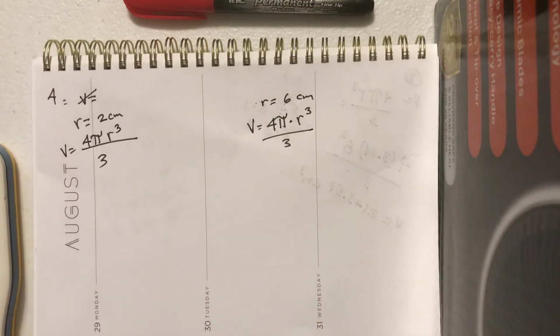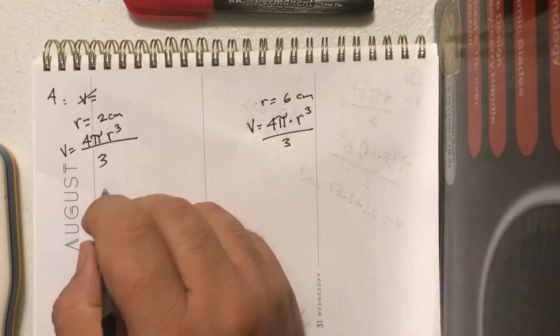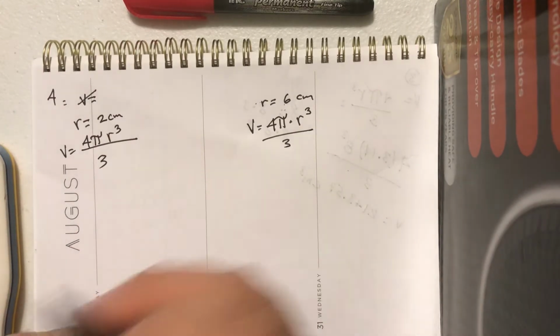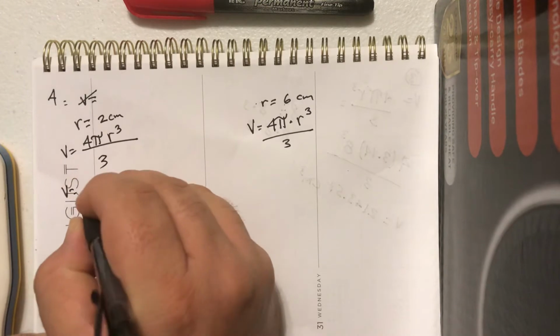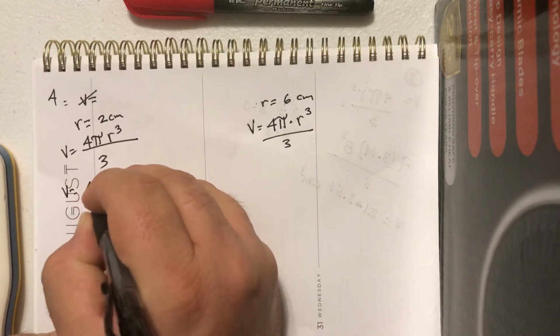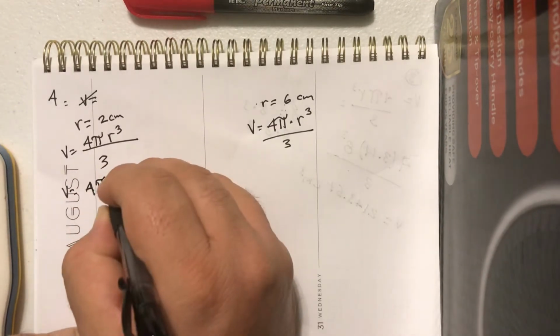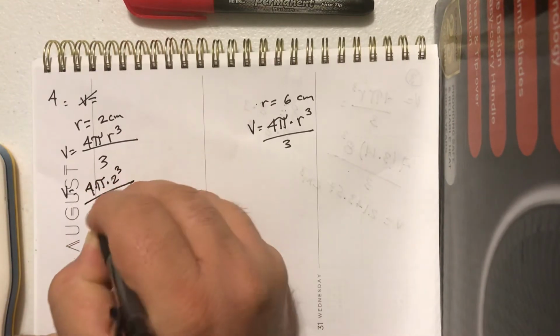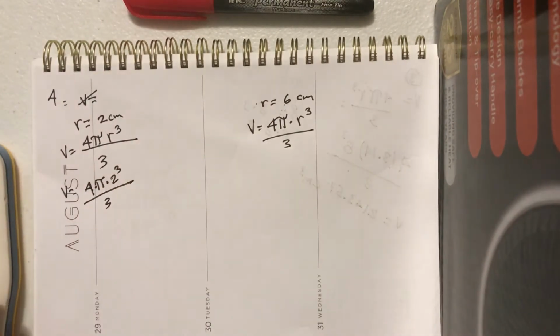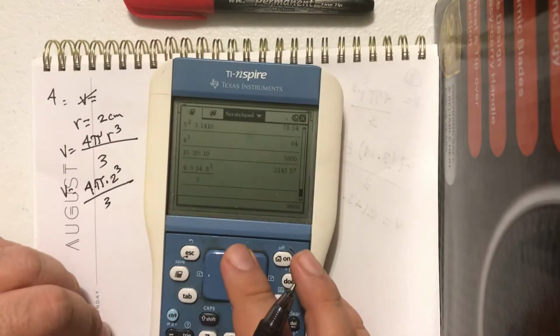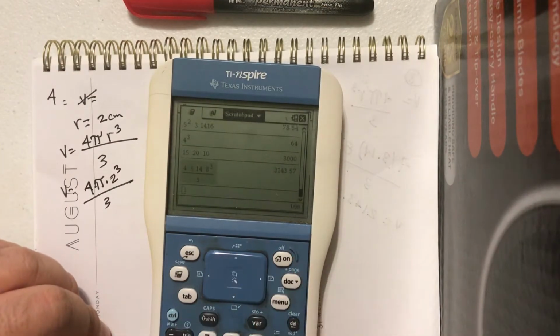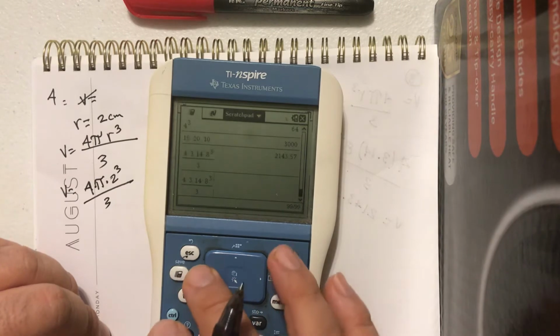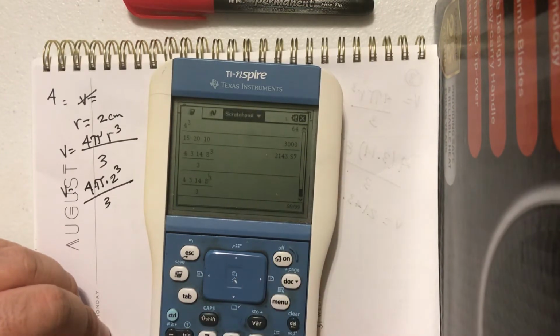Okay, let's see how many times we can actually fit the small sphere into the bigger sphere. So let's work with this. 4 pi, and then the radius is 2 raised to the power of 3 divided by 3. Working with the calculator, I'm just going to copy what I did and change the value for the radius.